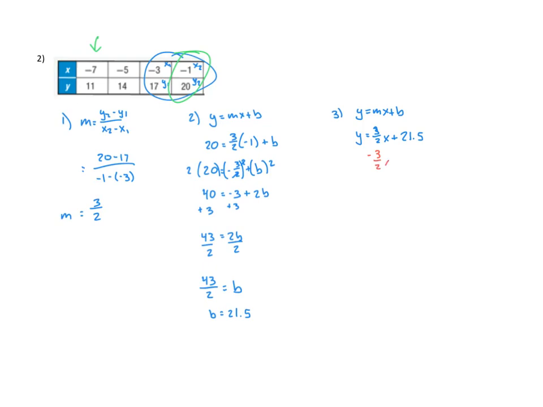Minus 3 over 2x. Negative 3 over 2x plus y is equal to 21.5. I need a to be positive, so I'm going to multiply the whole thing by a negative 1. And I have 3 over 2x minus y is equal to a negative 21.5. There you go. Let me know if you have any questions. That's it.